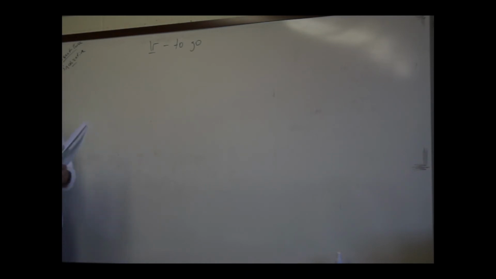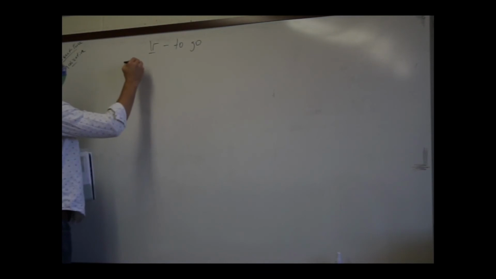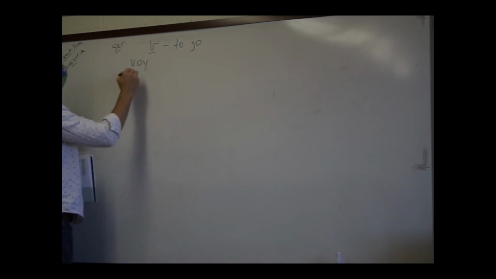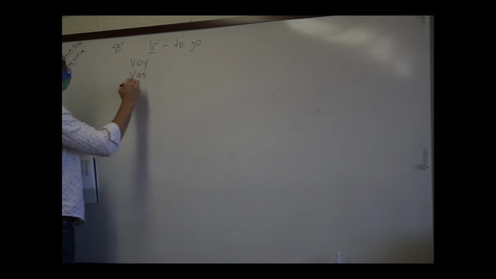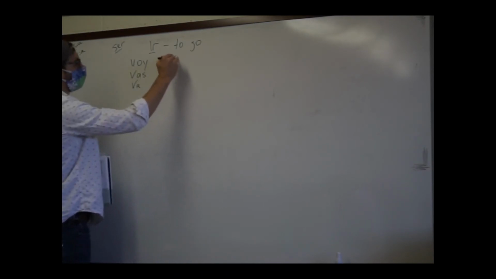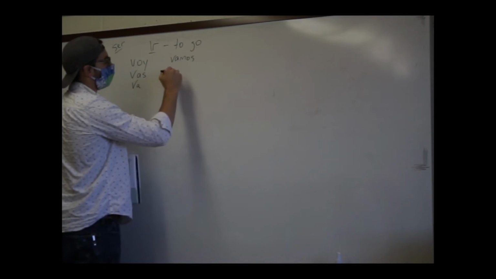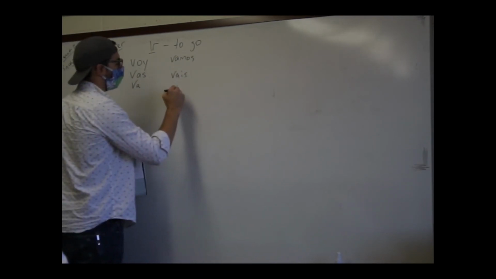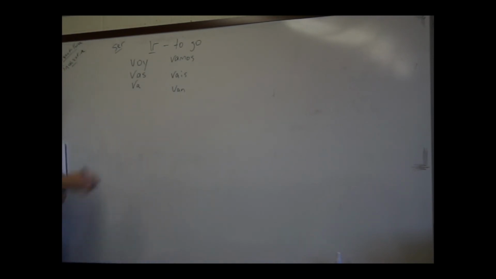And it means to go. So I go, you go, we go. That's what we're looking at. And the conjugations are a lot like ser, right? Soy, eres, es. Voy, vas, va, vamos, vais. Does that have an accent? Nope. Van. So I go, you go, he or she goes.